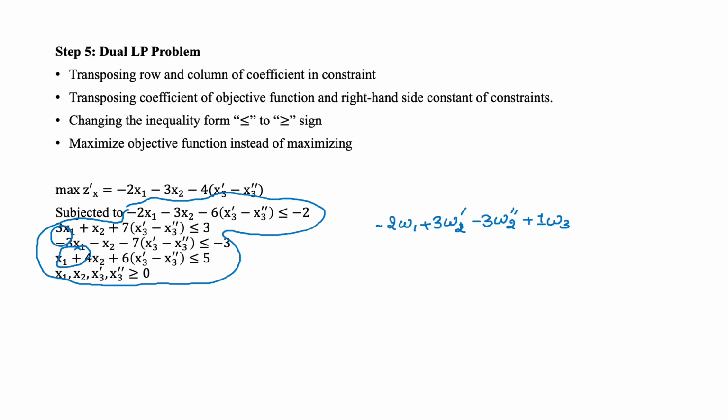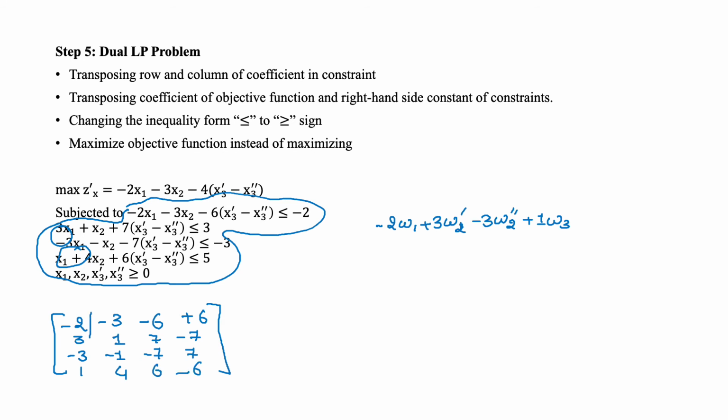Similarly, for the second row you can do it like this also. Write it in matrix form: minus 2, minus 3, minus 6, plus 6; 3, 1, 7, minus 7; minus 3, minus 1, minus 7, 7; 1, 4, 6, minus 6.